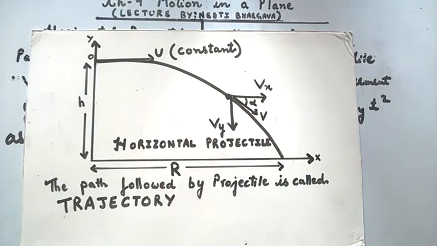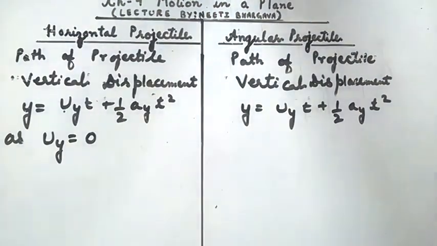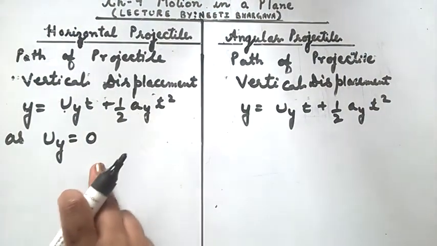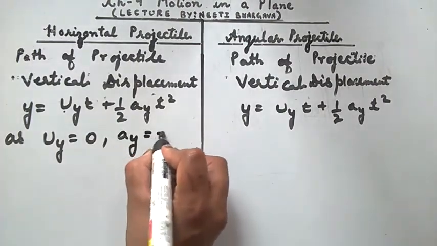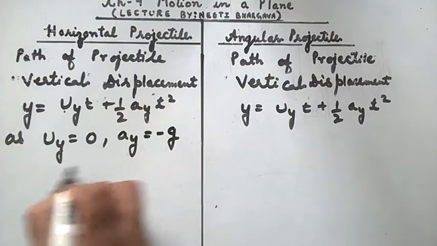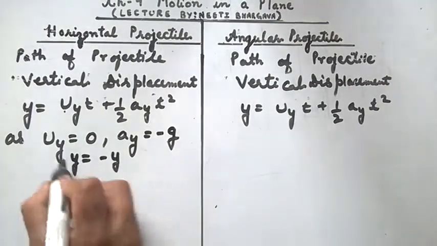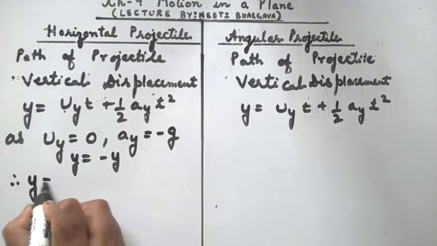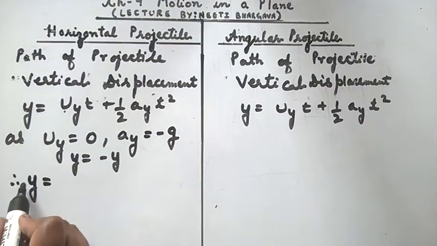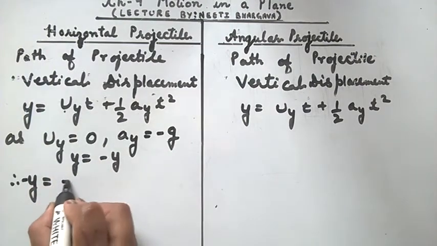So here uy equals 0, acceleration along the y direction is minus g, and y is equivalent to minus y. Substituting all these values, we get minus y equals, this term will become 0, minus half g t square.